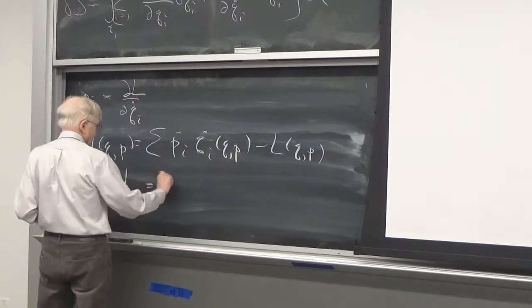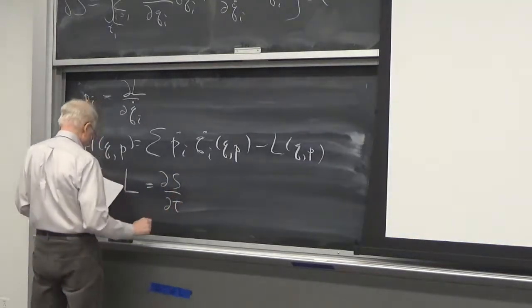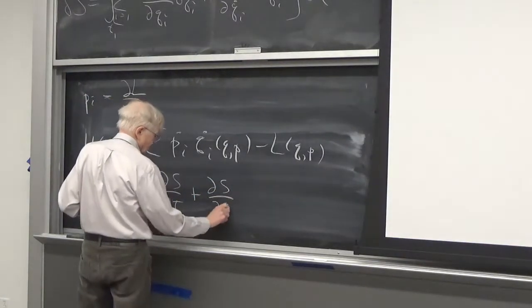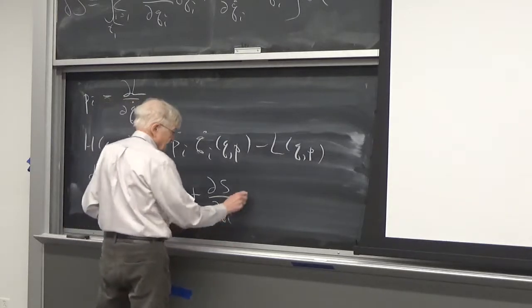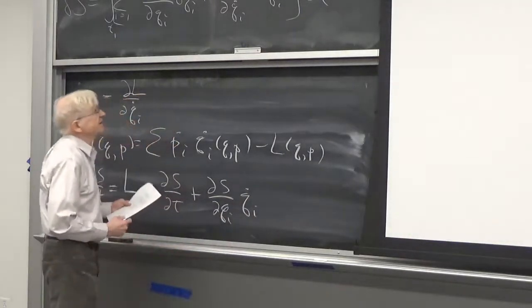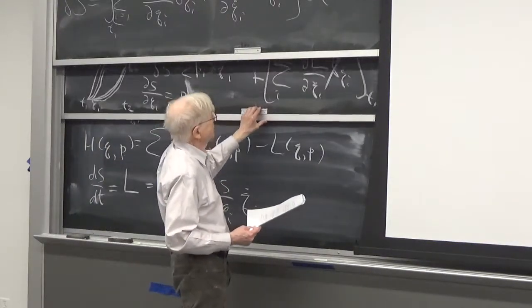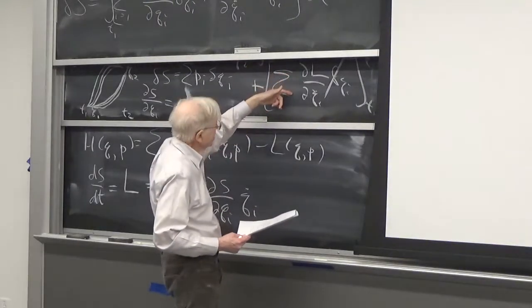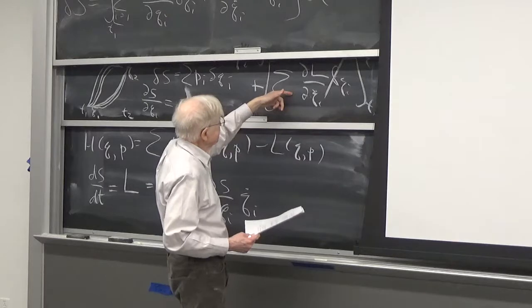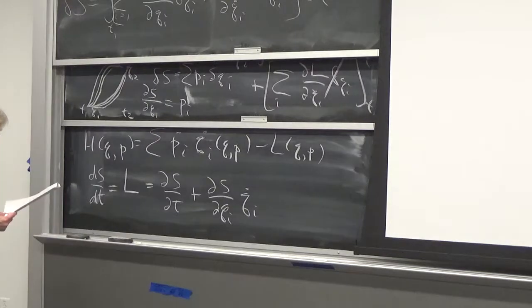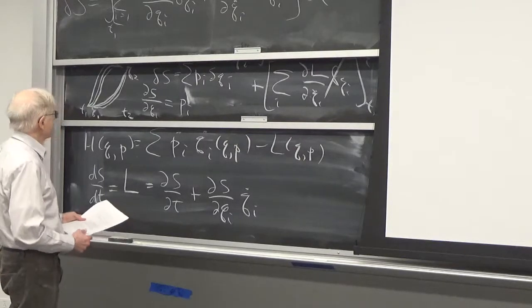On the other hand, that has got to be partial S partial t plus partial S partial the q's at t2 times qi dot at t2. It's partial L partial qi dot times delta q, oh, I'm sorry, I'm taking the time derivative here.